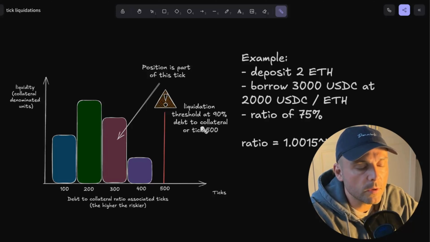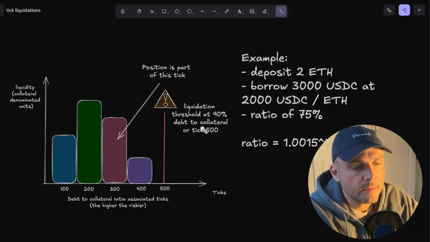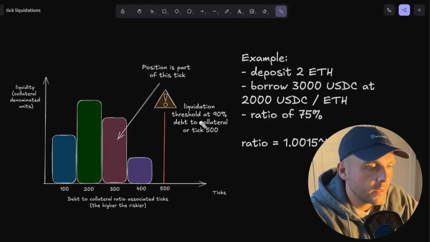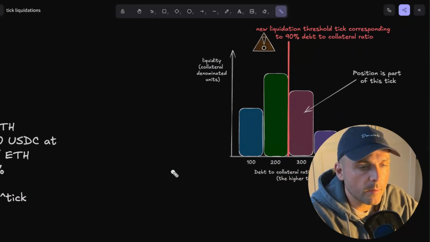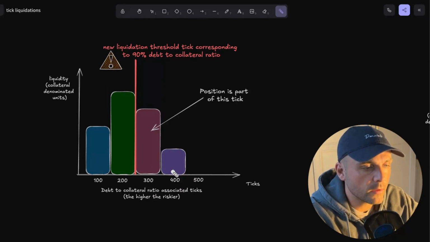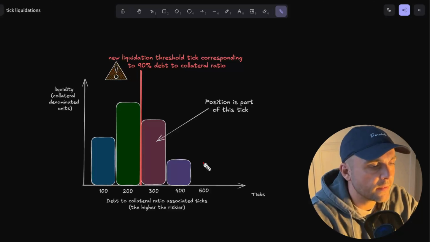And the way that Fluid manages this dynamic price environment is through this liquidation tick threshold that constantly changes. So say, for example, the price of ETH relative to USDC drops, then that would translate into our liquidation threshold tick effectively moving down and making all the ticks beyond that liquidation threshold and their corresponding positions liquidatable.